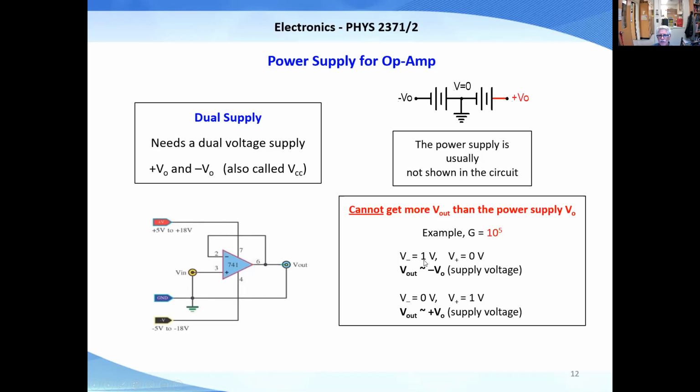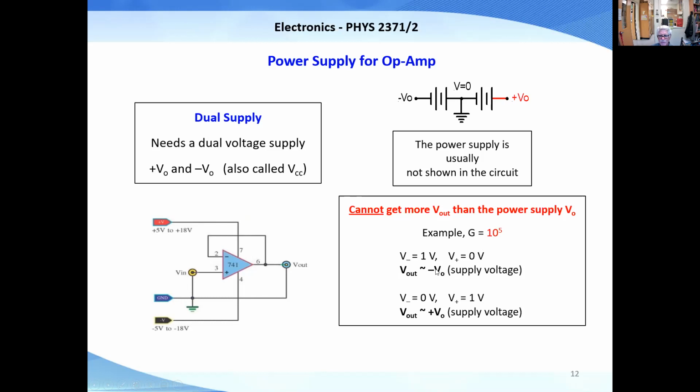But if you put 1 volt in, say on the negative, and 0 volts on the plus, the difference in voltage here is 1 volt, right? 1 volt times 10 to the 5th would be what? 100,000 volts, right? Well, you certainly can't get that much voltage out of it.